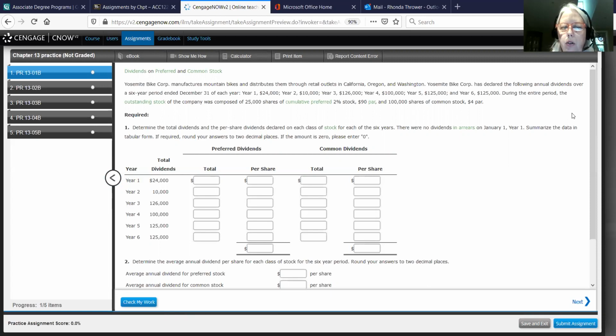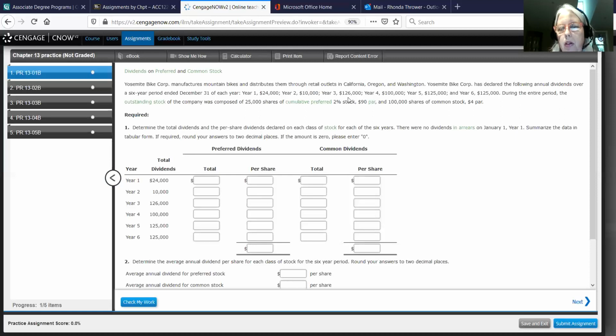the following annual dividends over a 6-year period ending December 31st of each year. In year one, $24,000 is the amount of the dividends declared. In year two, $10,000. Year three, $126,000.